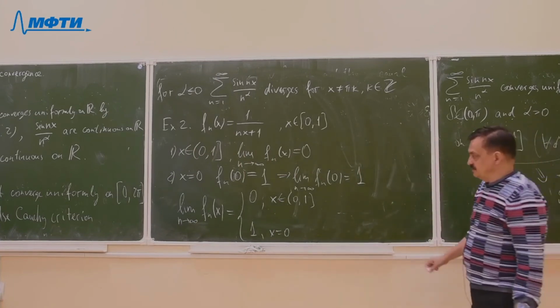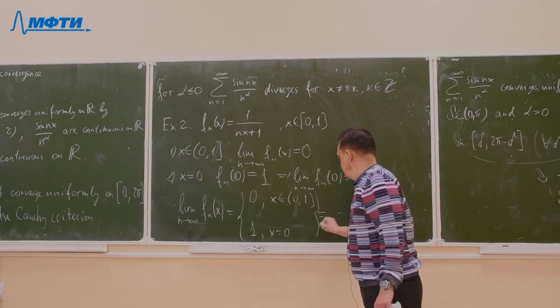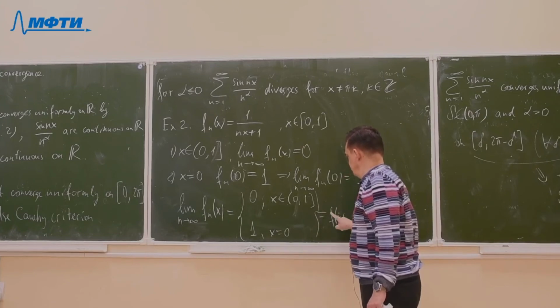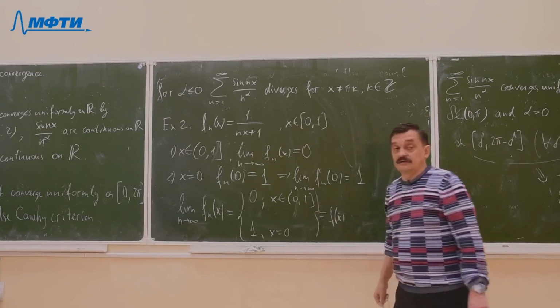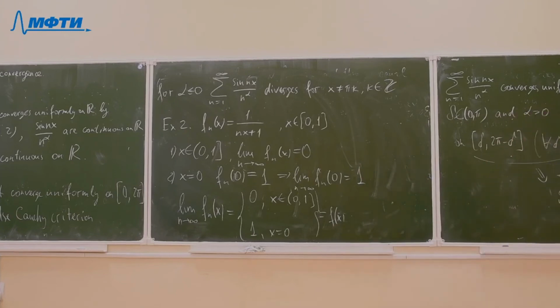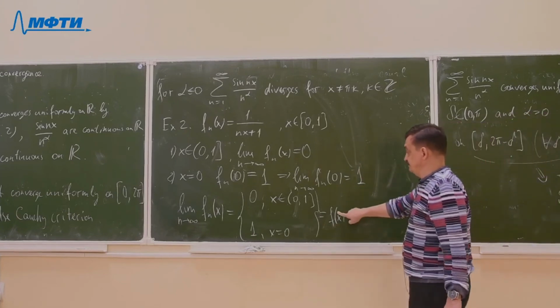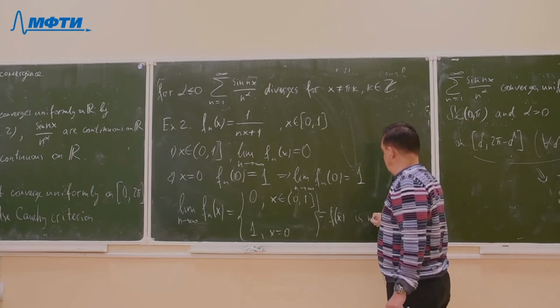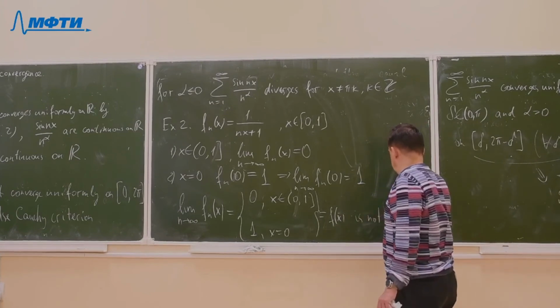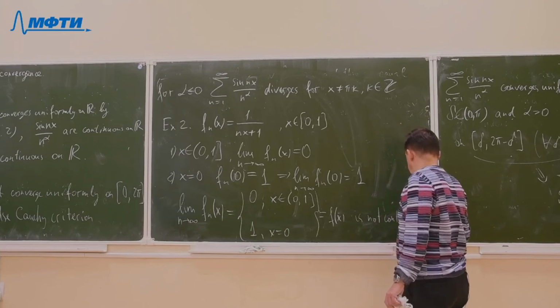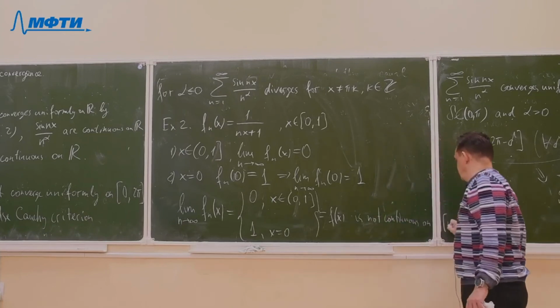And that is precisely f of x, the limit function. What about the properties of that function f of x? It is not continuous on [0, 1].